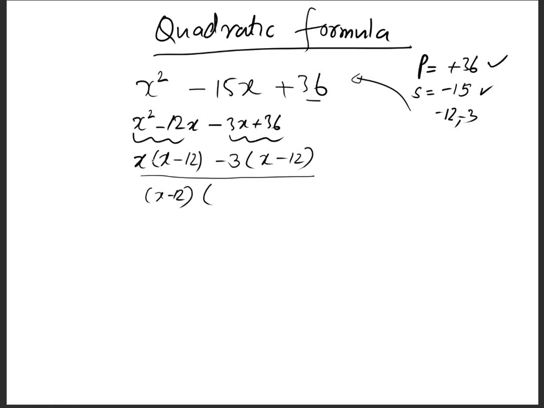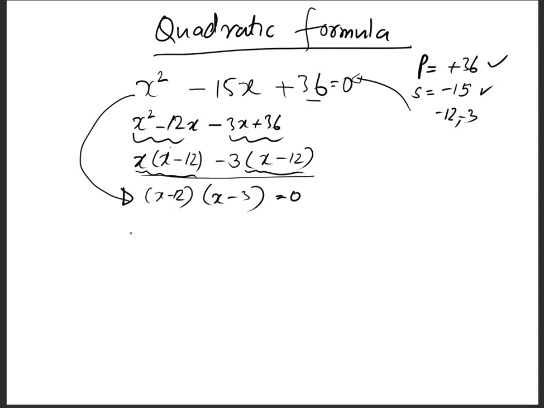Now you factorize these two, and you see your common factor is x minus 12. So if you take x minus 12 off from the first term here, the remaining is x. And if you take x minus 12 off here, the remaining is 3. So eventually, this is the factorized form. And let's say this is an equation. Suppose this was an equation that says equals to 0, then all of that is equal to 0.